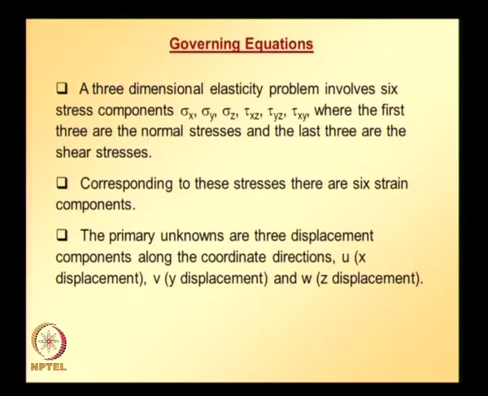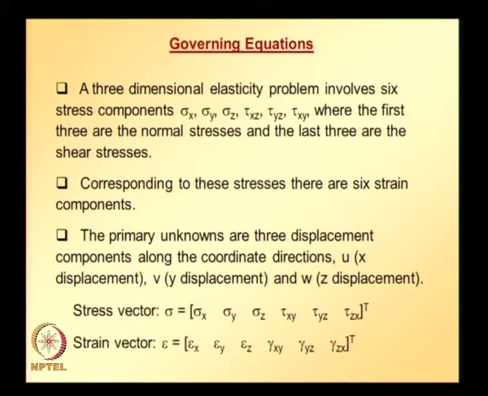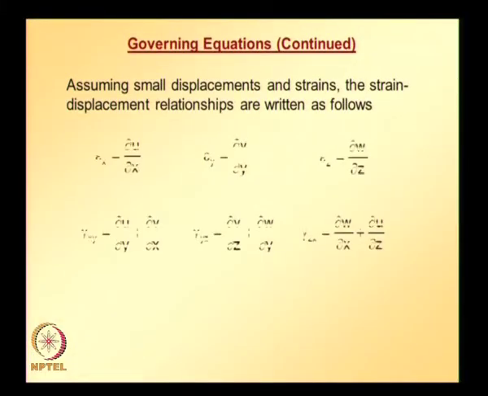The primary unknowns are 3 displacements along x, y, z directions, and the stress vector looks like this, the strain vector looks like this, and assuming small displacements and strains, strain displacement relationship can be written as follows.